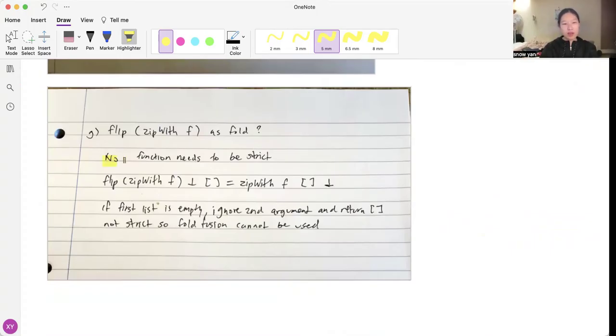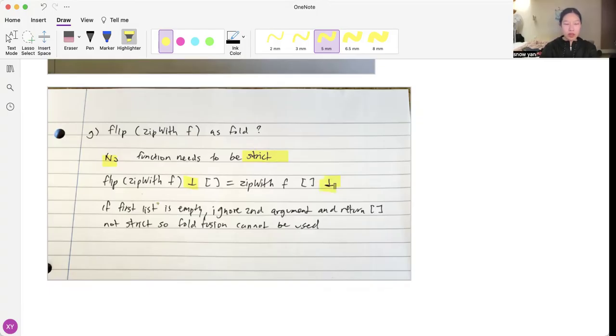The reason why it fails is because the function needs to be strict. Over here, we care about the argument. So before, if it was empty and we looked at the element, then it is a strict function. However, with the flip, the thing could become the second argument.